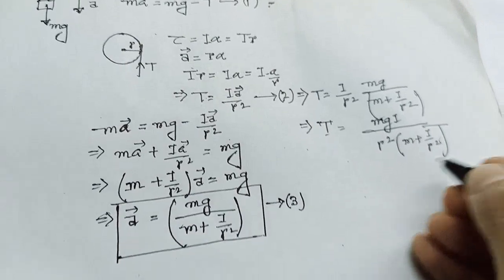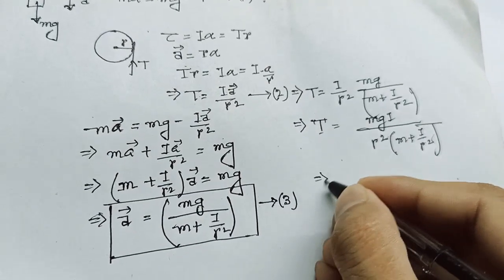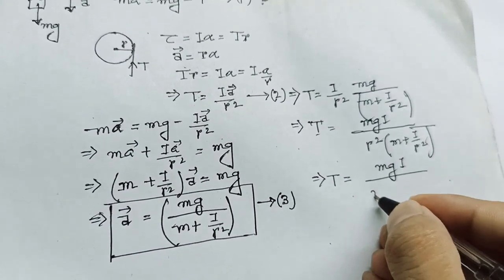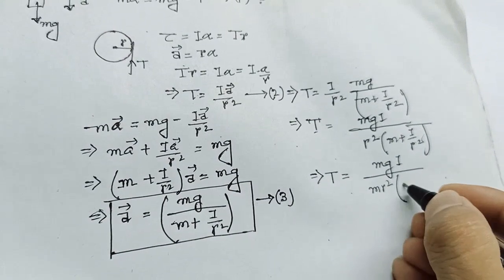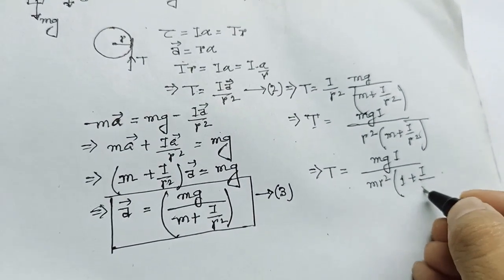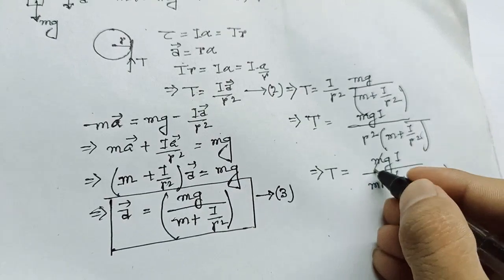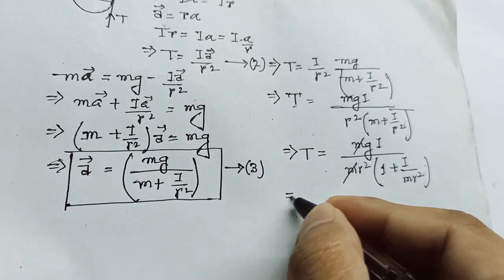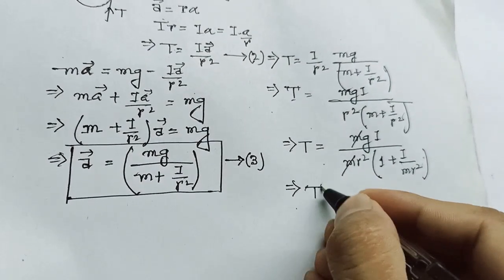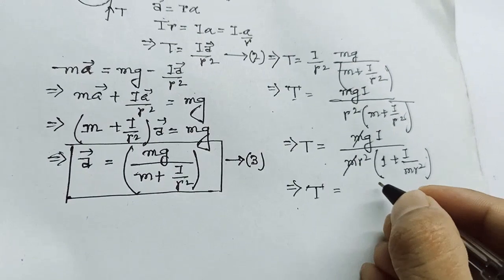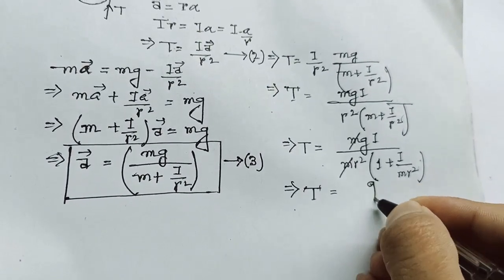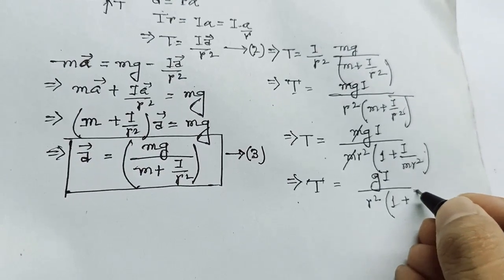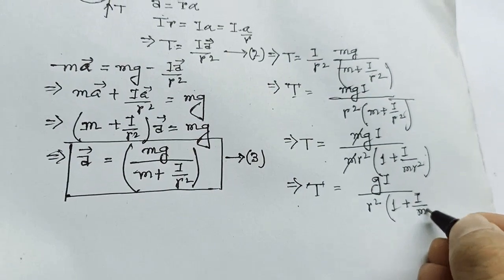If we take m as common, then we will find our tension force T equal to m g I divided by m r square into 1 plus I divided by m r square. Then we can cancel m from the numerator and denominator. We will get the tension force equal to g I divided by r square into 1 plus I divided by m r square.